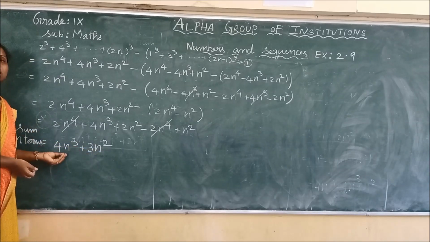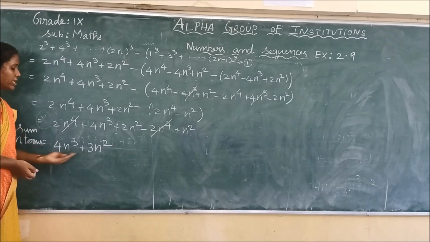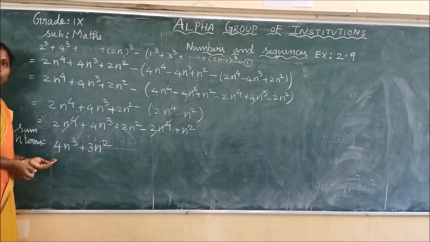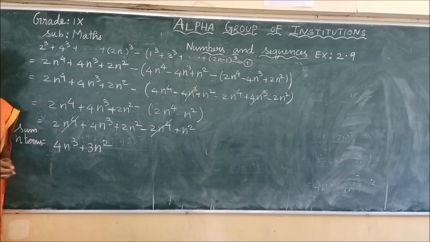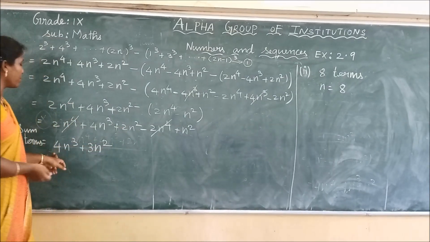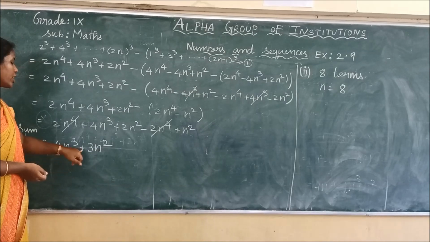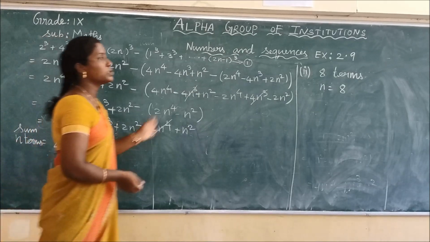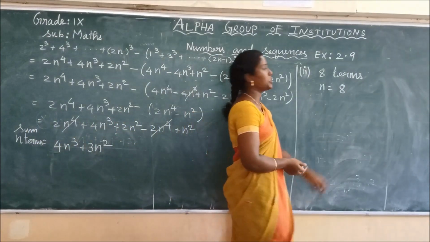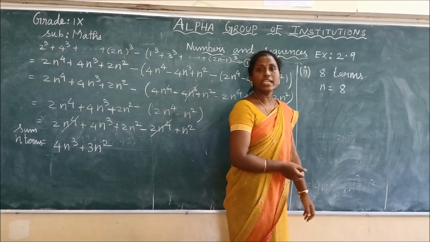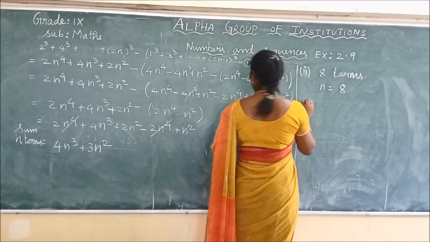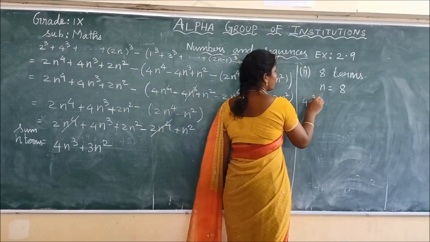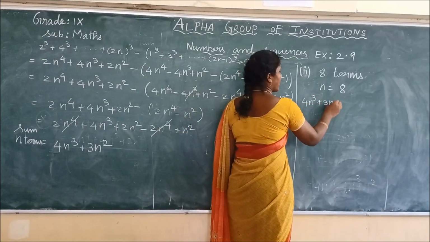Using this, we can find the sum of 8 terms also. So in the first subdivision, we got the summation up to n terms; the answer is 4n cube plus 3n square. Using this one, we are going to solve the second subdivision.